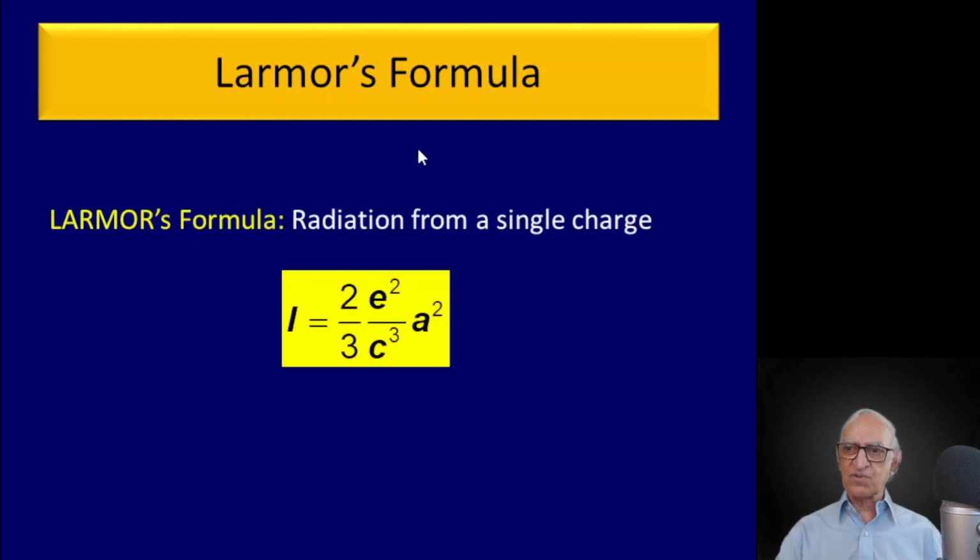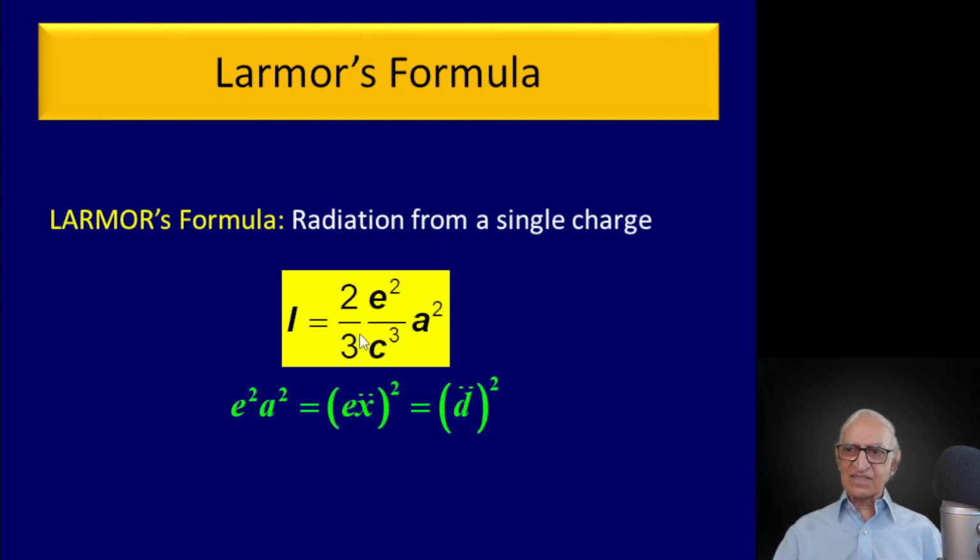Larmor's formula says that the intensity of radiation per unit time is given by 2 by 3 e squared by c cubed times the square of the acceleration. I learned this when I was in college years and years ago, but I still remember this. Intensity of radiation is 2 by 3 e squared a squared by c cubed, where a is the acceleration.